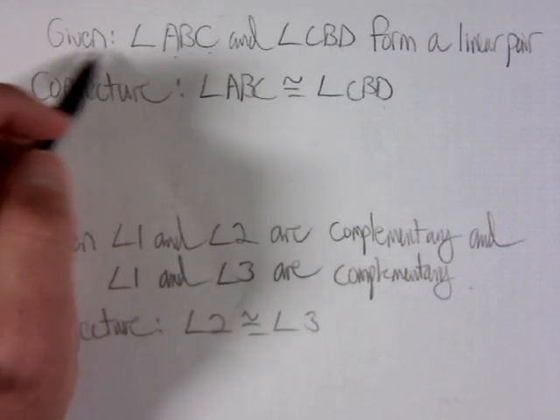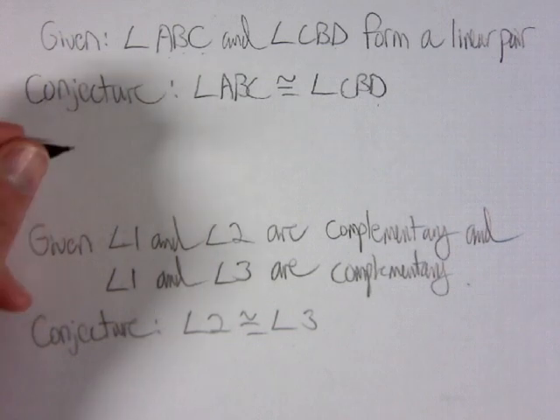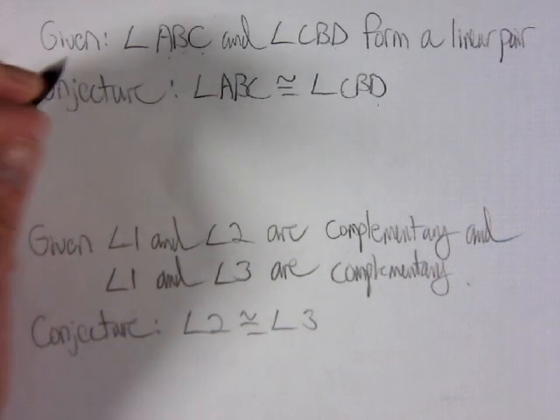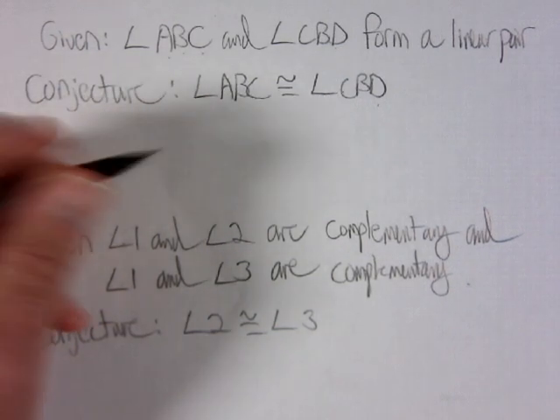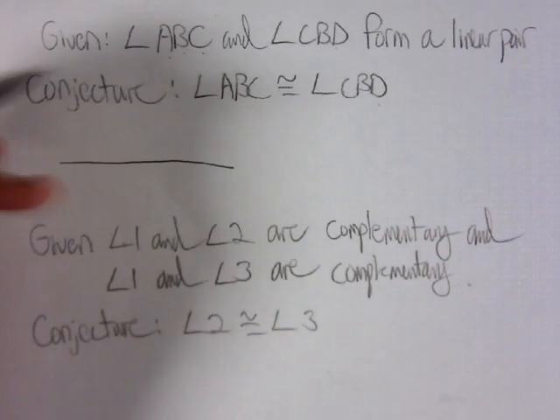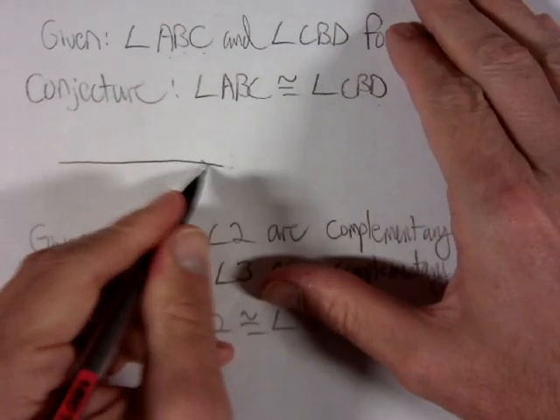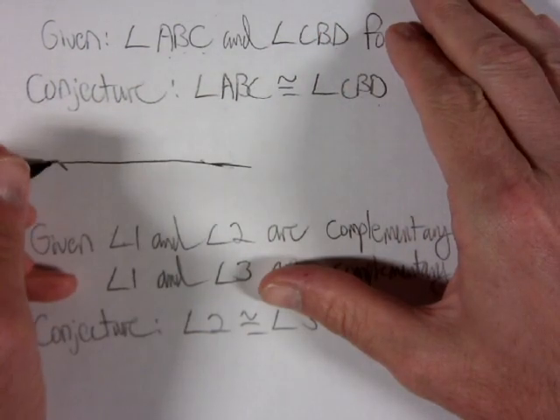First of all, what do we know? What are the facts? Okay, these two form a linear pair. All right, and so if I were to make them form a linear pair, first of all, I know that linear pair from one side to another forms a straight line. Okay, so we learned that in Unit 1.